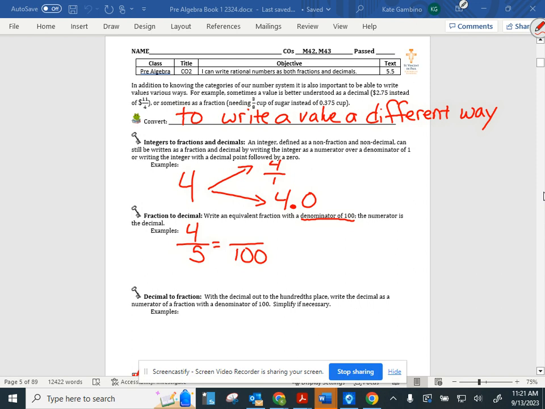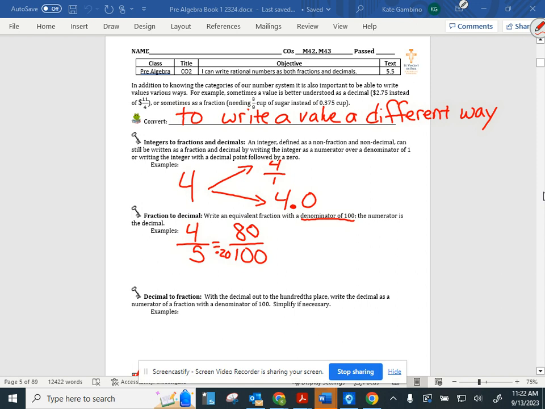You multiply the numerator and the denominator by 20. Yeah, 5 times 20 gives us 100. So I have to do 4 times 20, which is 80. So now I have 80 hundredths. Oh, listen to how I said that. Instead of saying 80 over 100, it's 80 hundredths.